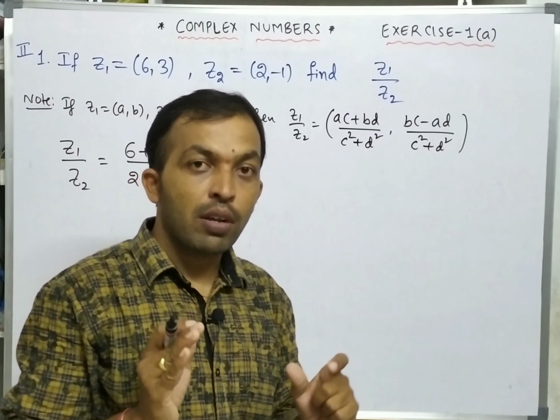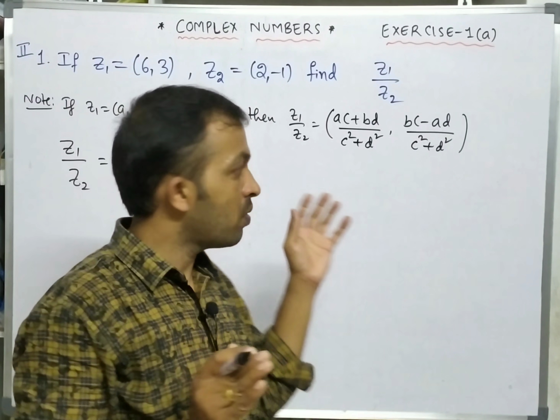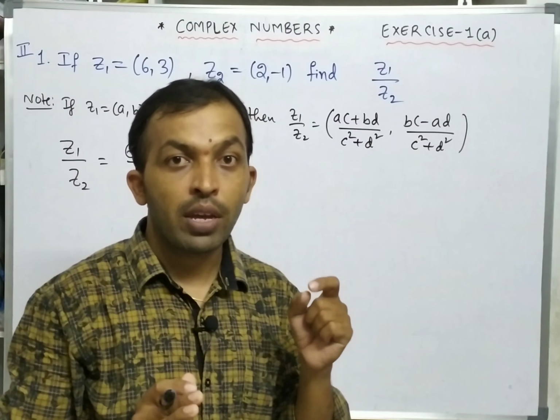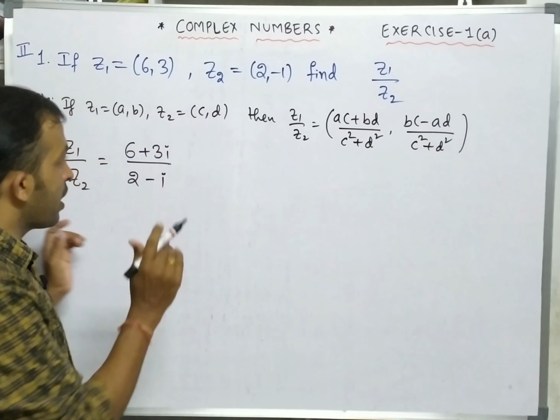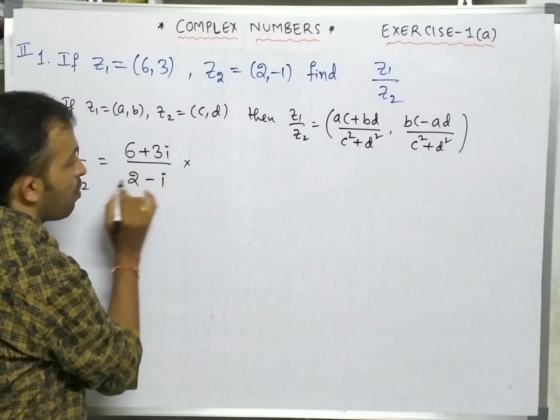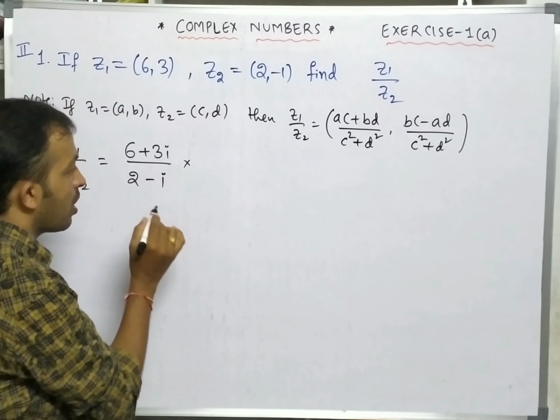Okay, so to convert this expression into a plus ib form, here we should remember one thing: we should multiply numerator and denominator with the conjugate of denominator. So what is the conjugate of denominator?